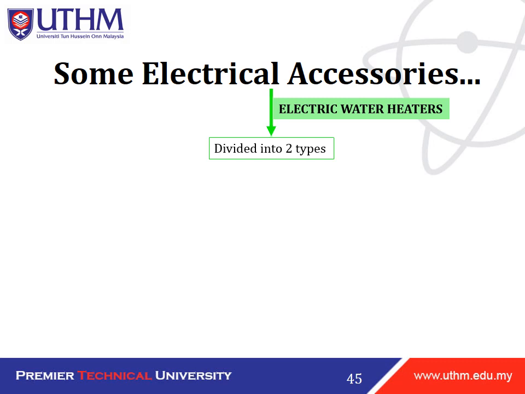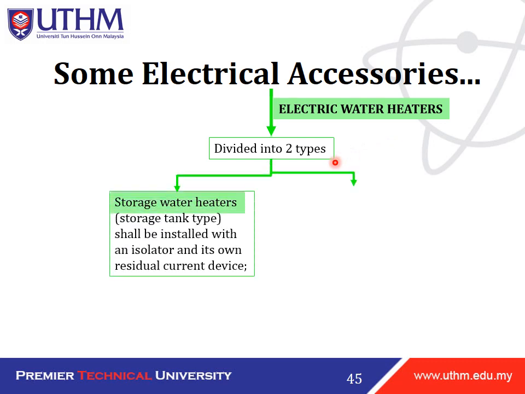Another electrical accessory we have is the electric water heater, which is divided into two types. The first type is the storage water heater, also known as the storage tank type, which shall be installed with an isolator and its own residual current device.